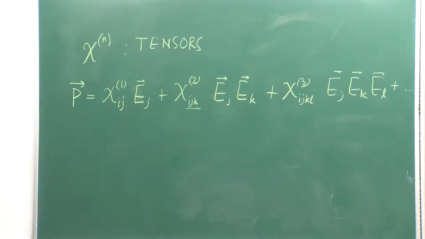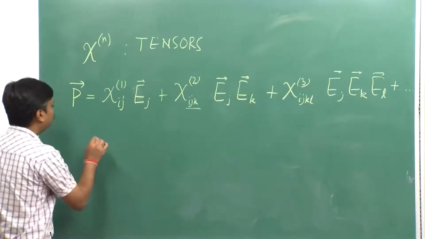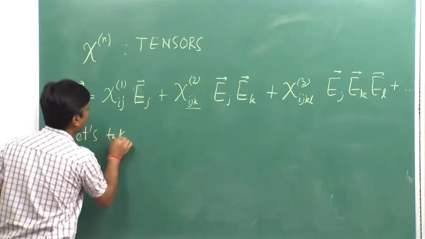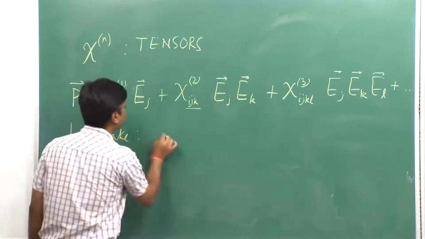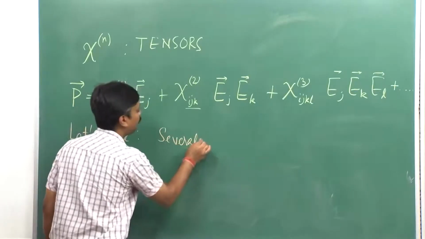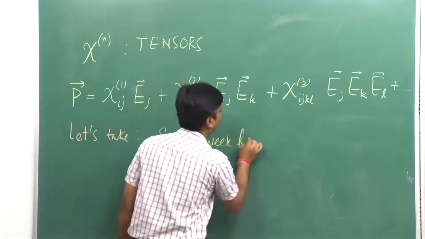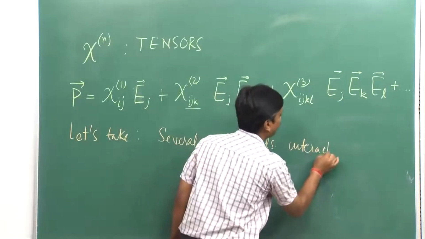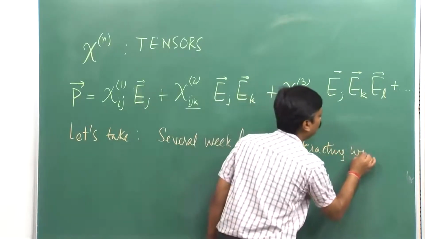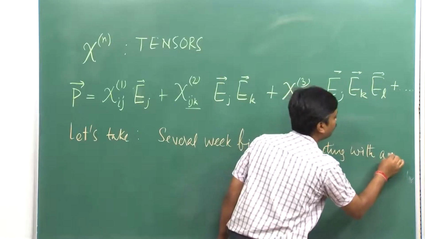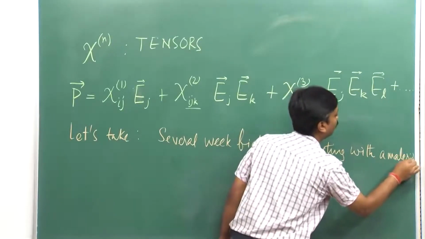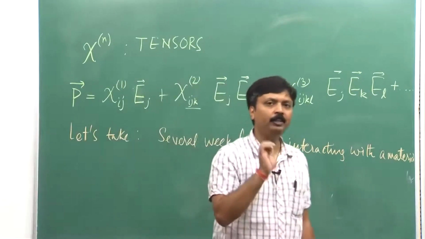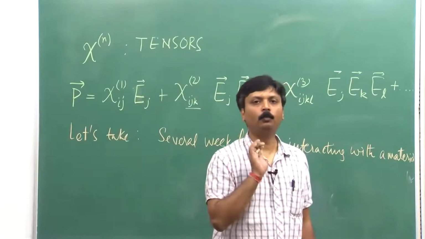Now, let us take a condition where we have several weak fields interacting with a material. What will happen? It will create polarization. Each individual wave will create its own polarization.